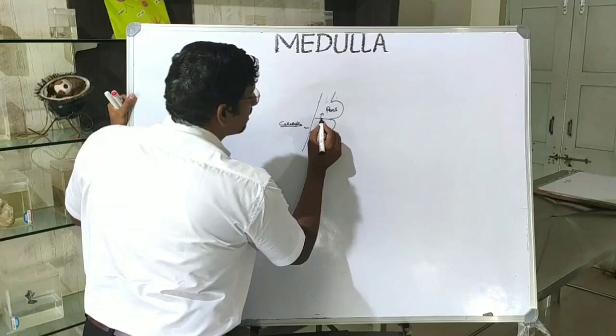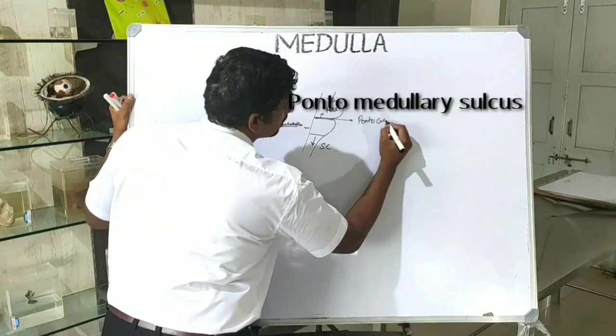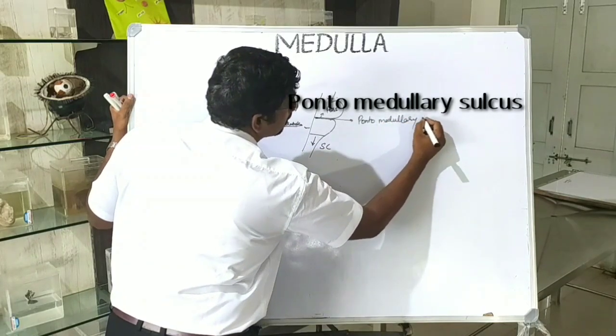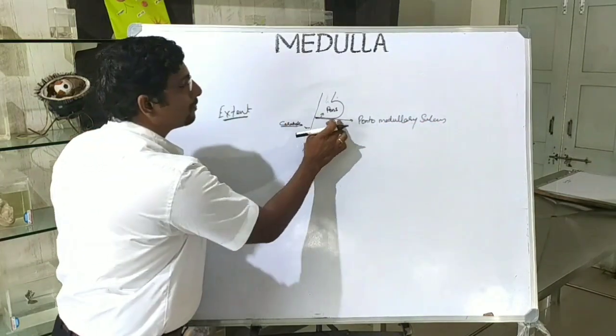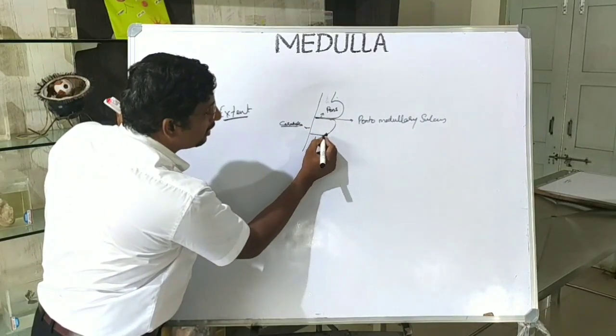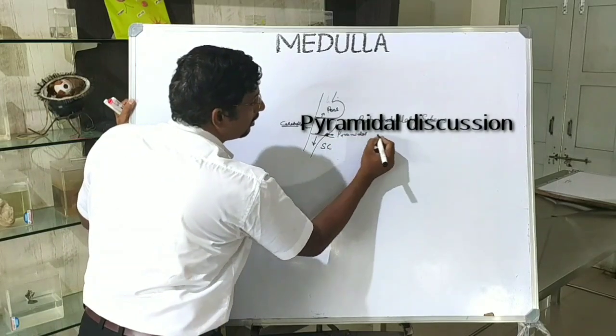It extends from the pontomedullary sulcus to the lower part of the decussation. This is the pyramidal decussation.